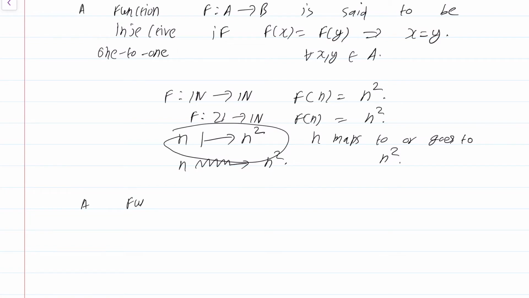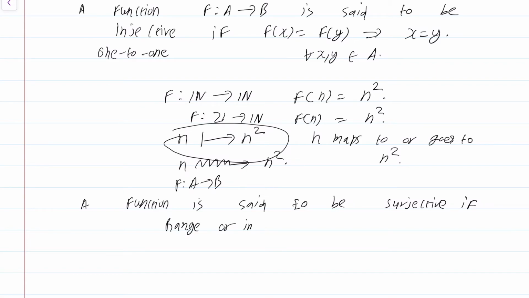Okay, so a function is said to be injective if it has this property. A function is said to be surjective. Again, a function f from A to B is said to be surjective if the range or image of A is B. A surjective function is one in which every point in B is an image point.